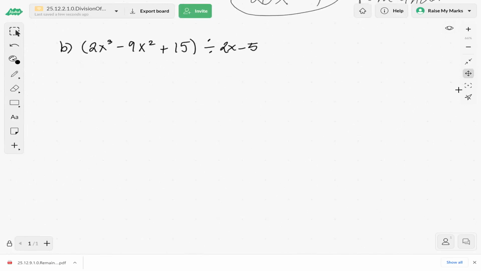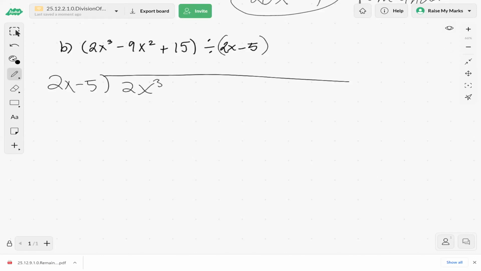Okay, so in this situation, we have 2x cubed minus 9x squared plus 15 divided by 2x minus 5. So again, let's write it out so we can actually do our division. What do we have to multiply 2x by to give us 2x cubed?